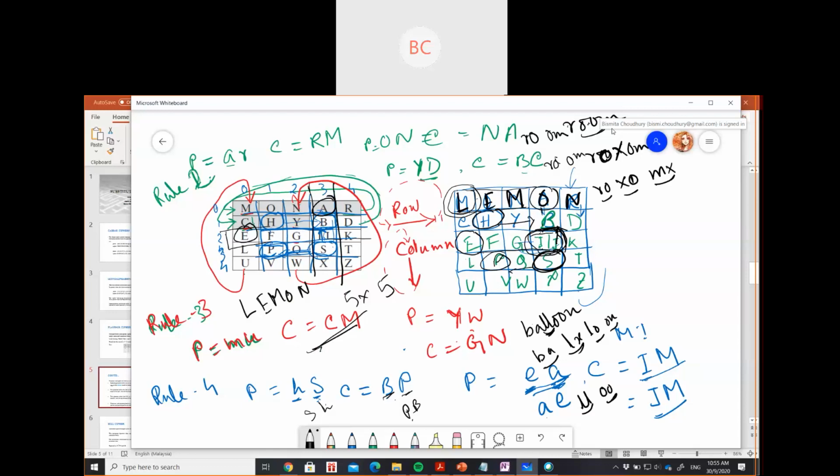The rest you will just fill alphabetically. It will be A, B, C, D, E is already used, it will be F, G, H, I, and so on. Just make sure that this LEMON should not come again. Okay, that's how you construct the matrix with the help of a keyword. So based on your keyword only, your matrix will be constructed.